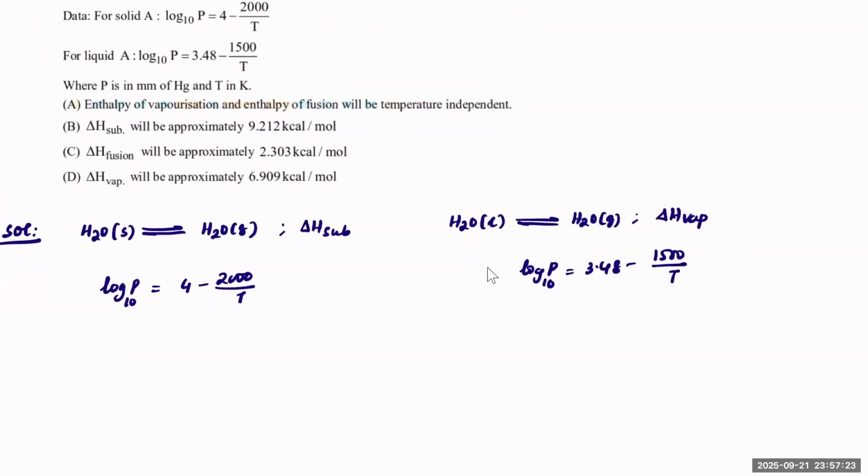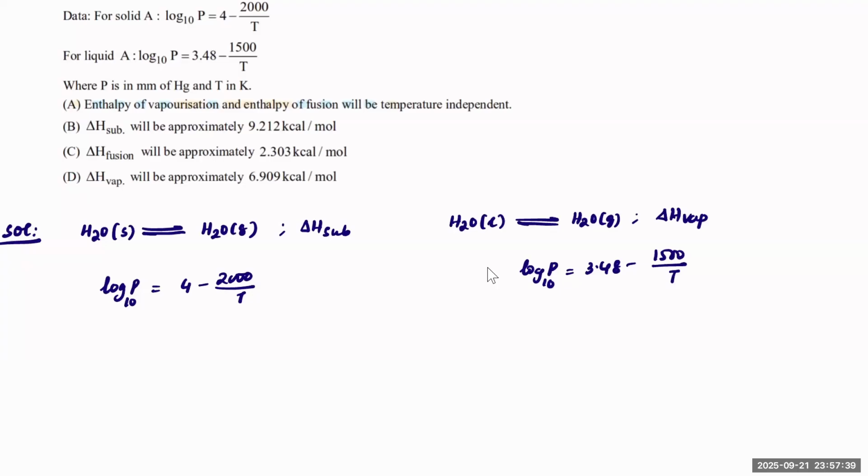P here is actually in mm of Hg, and here also mm of Hg. Now you just need to recall the formula from here. If you can get the formula, that will be more than enough.